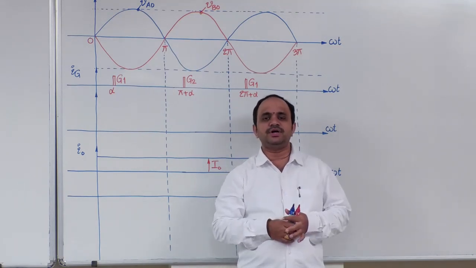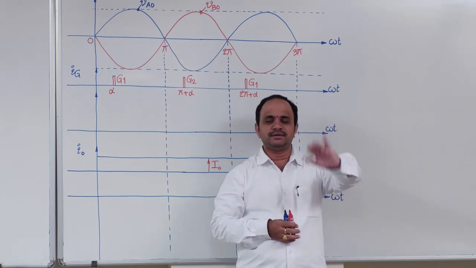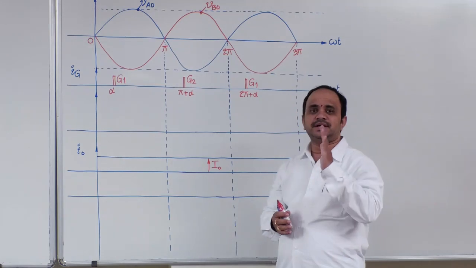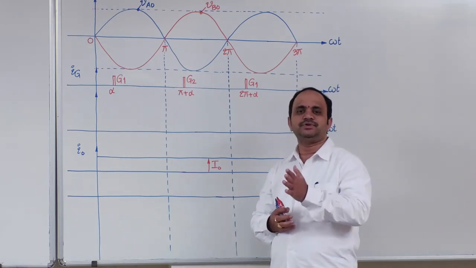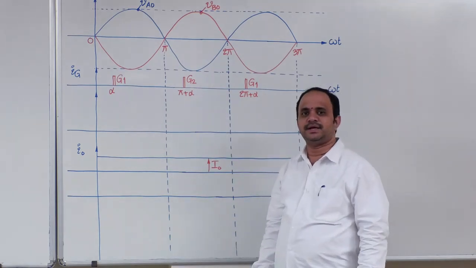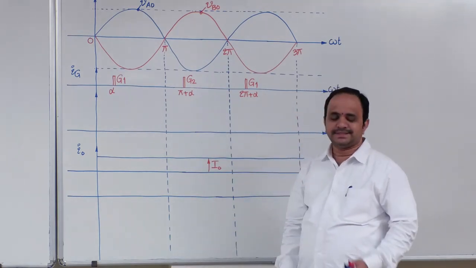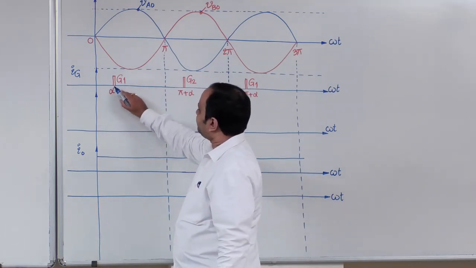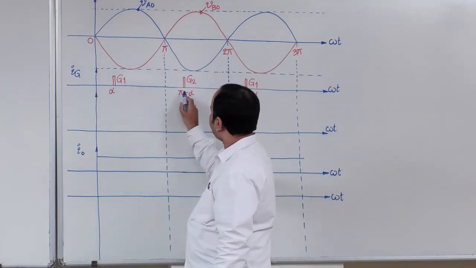In a constant current load, current coming to 0 is not possible. Hence, once a device has started conduction, it will turn off whenever the next device starts conduction. Therefore, the conduction interval for T1 is from alpha to pi plus alpha.